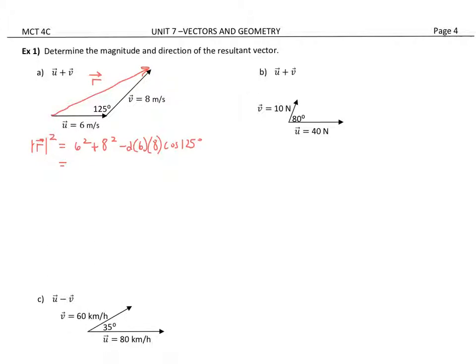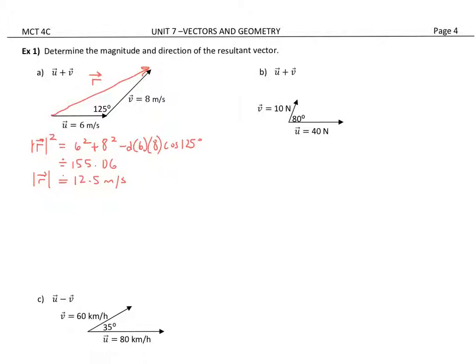You're going to get the magnitude of r being approximately 12.5 meters per second. So this is talking about a speed. What's the resultant speed going to be when we combine these two things together? I believe the line above that was 155.06 approximately.